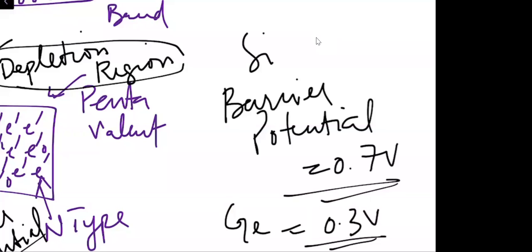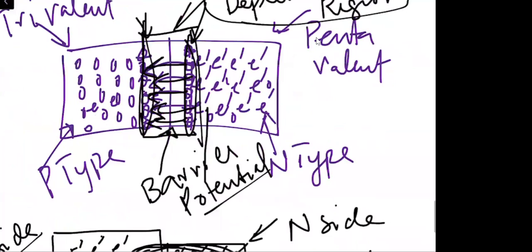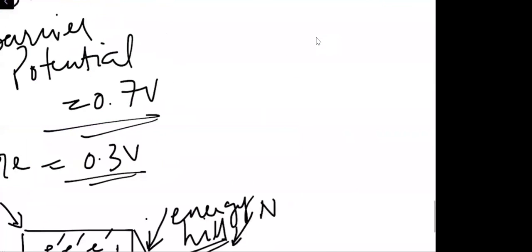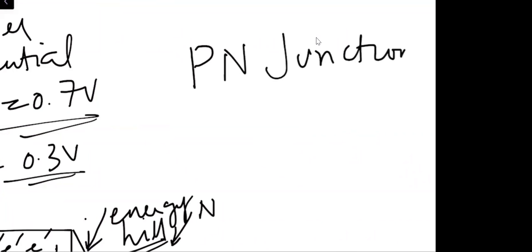Now, whenever we have P and N type created on the same crystal lattice, this is normally called a P-N junction, right?